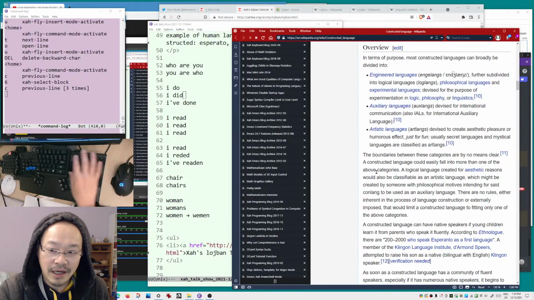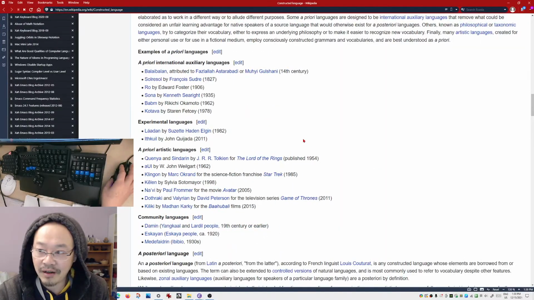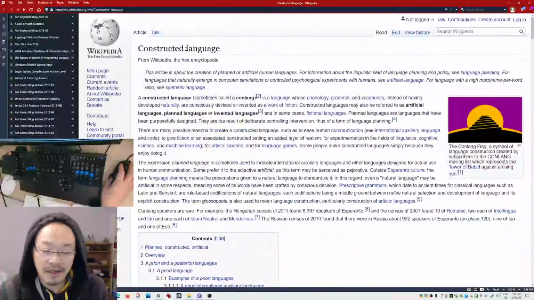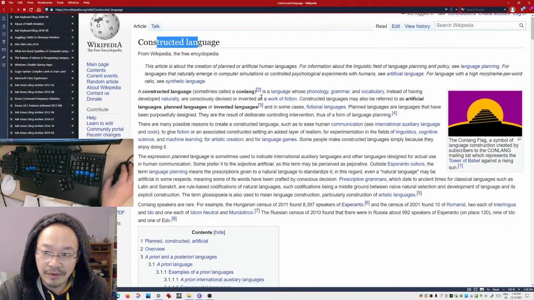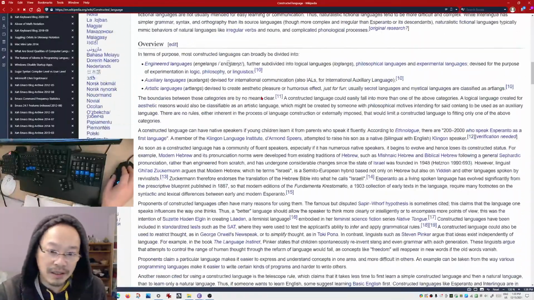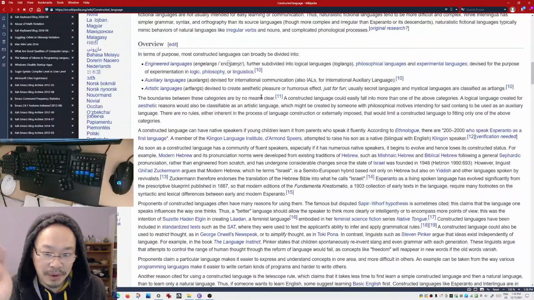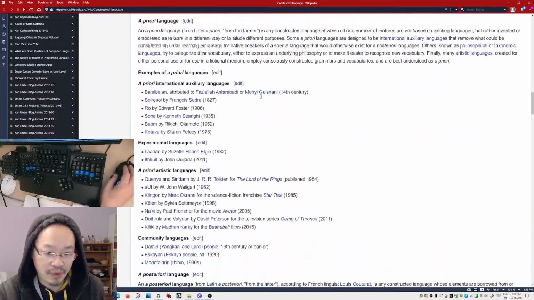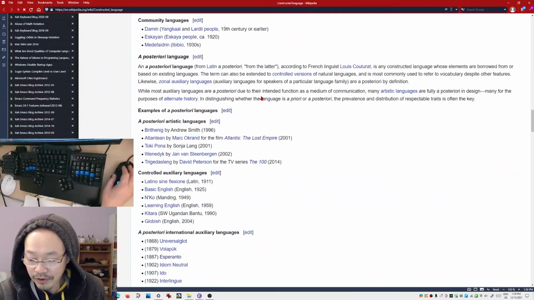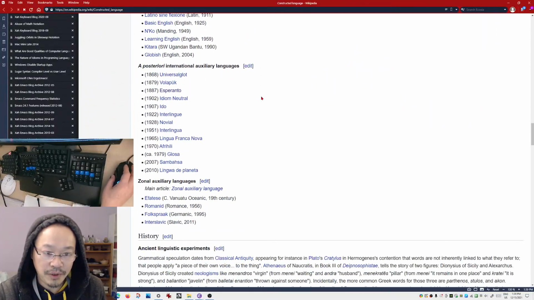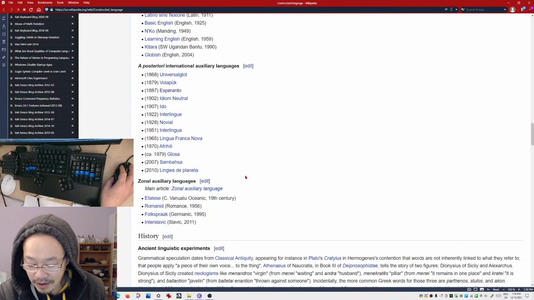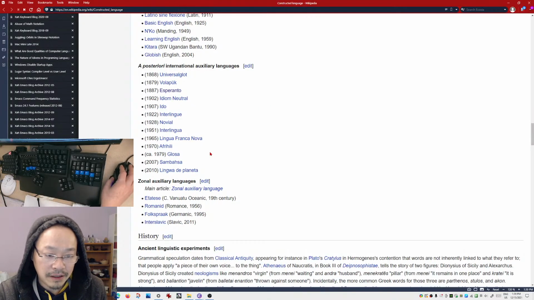So that's why I'm interested in constructed languages. Okay, it was known as artificial language, but now it's called constructed language. So I'm interested because I share the vision with these people. We want a unified language so we can communicate efficiently. Okay, so there's many of them.